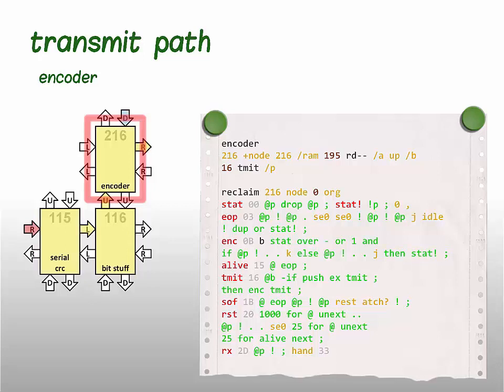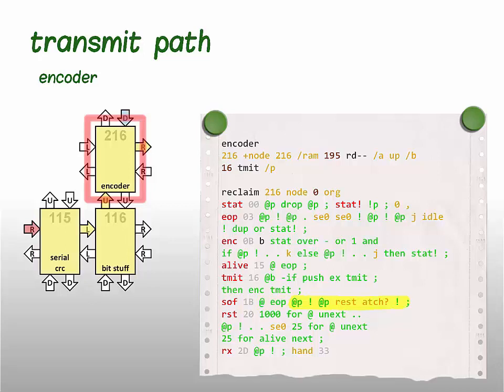Other words in this node are commands. We have the end of packet command, and the keep alive command, which waits for a signal from a 1 millisecond timer in node 316 and then sends the end of packet. Command start of frame is called right before a new transaction begins. It is similar to the keep alive command, but it also tests if the device is still attached.